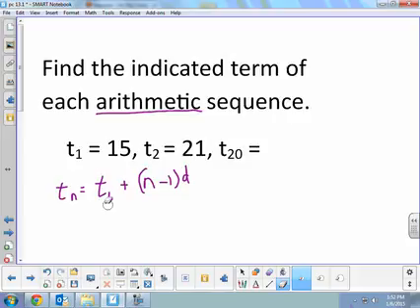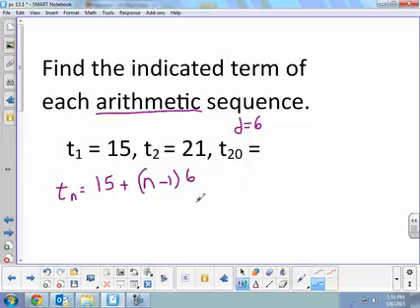So I'm actually just going to erase that and put in 15. N is my variable, but D, I don't know what D is. But they tell me the first two terms, so I can figure that out. Going from 15 to 21, my D is 6. So let's go ahead and erase that D and put 6 in its place.